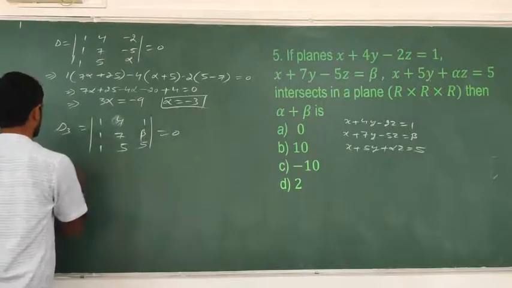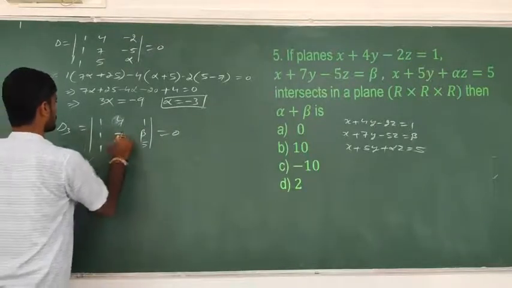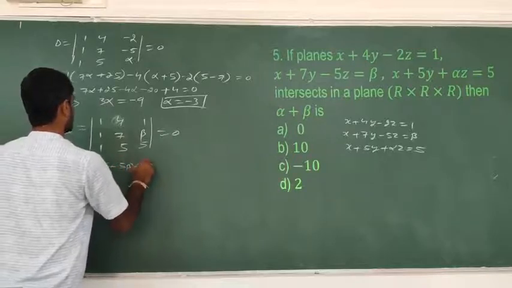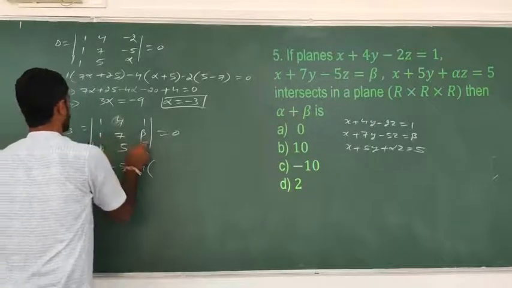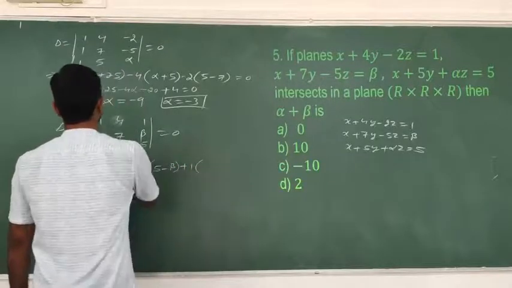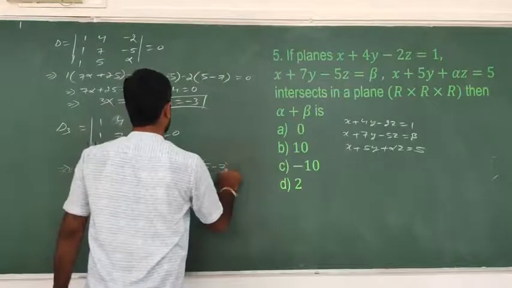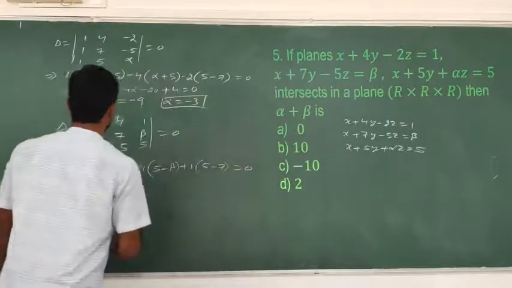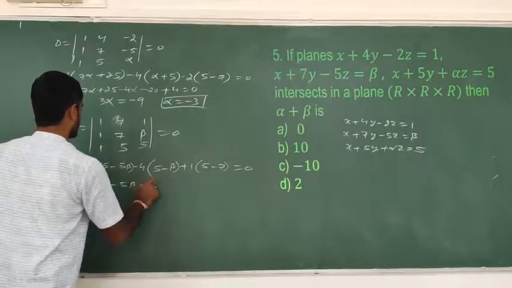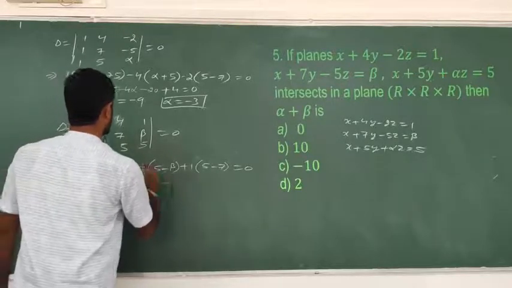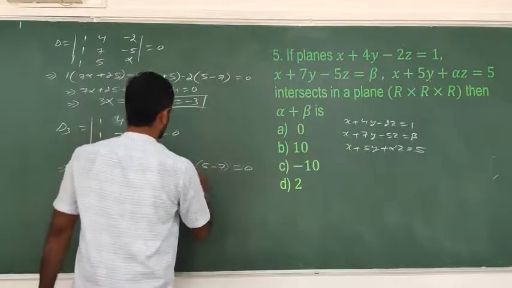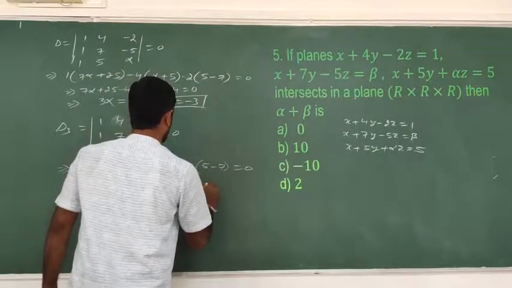So this implies that 1 into (7 5s are 35 minus 5 beta), minus 4 into (5 1s are 5 minus beta), plus 1 into (5 1s are 5 minus 7 1s are 7), is equal to 0. So this implies that 35 minus 5 beta minus 20, minus into minus plus 4 beta, 5 minus 7 is minus 2, minus 2 into plus 1 is minus 2, which is equal to 0.